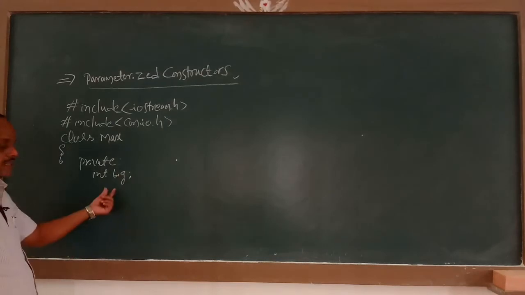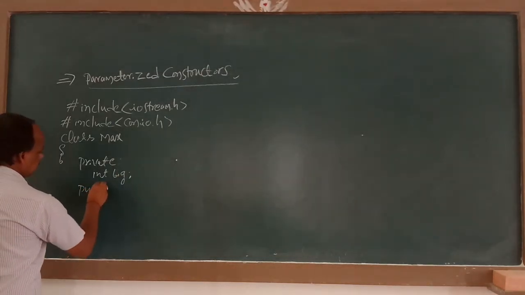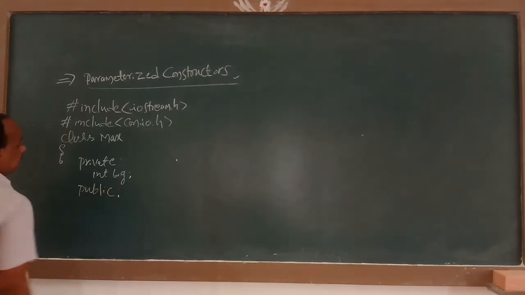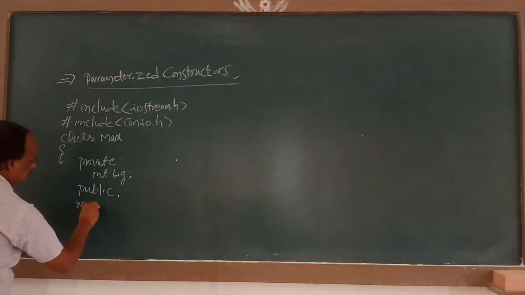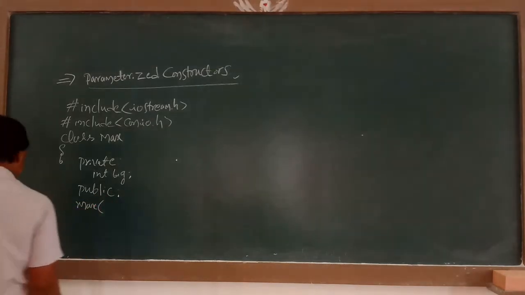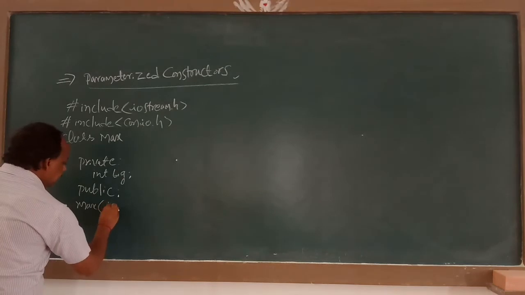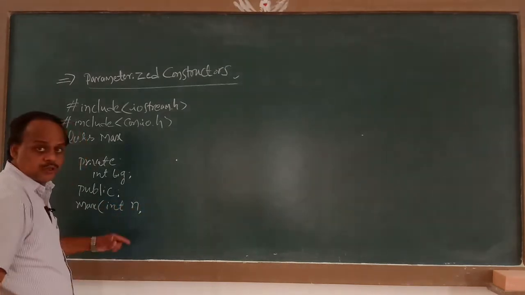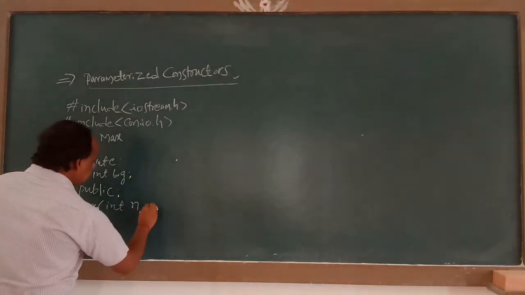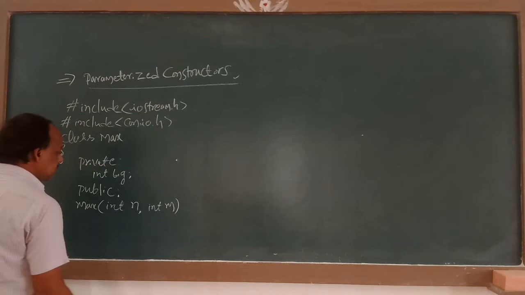We have to find big, therefore I am taking one variable big, and in the public section declare the parameterized constructor, which has the same name as the class name. Therefore max of, it must contain some parameters, right? I am taking 2 variables because we have to find the big number among 2. Therefore int n comma int m. This is what?